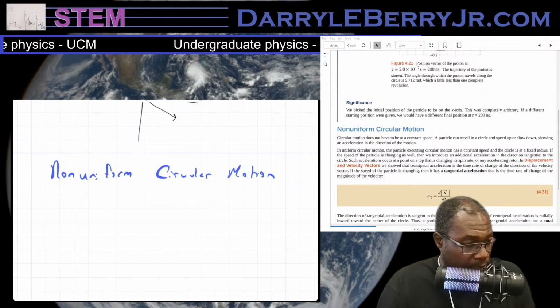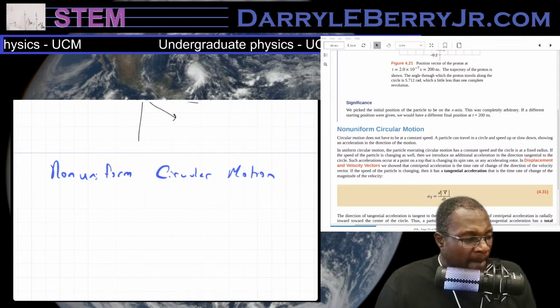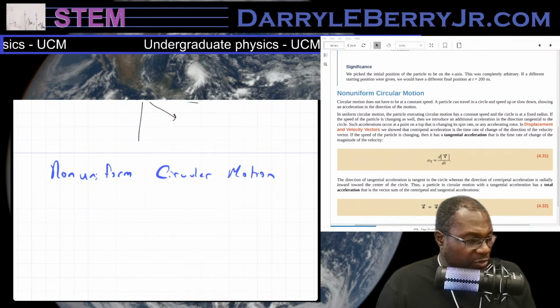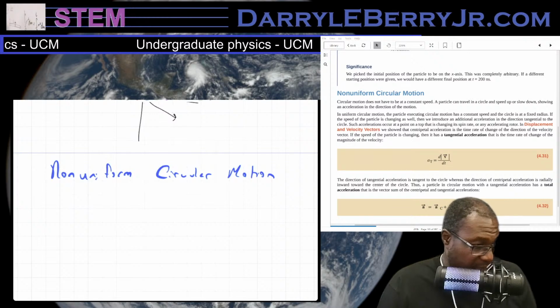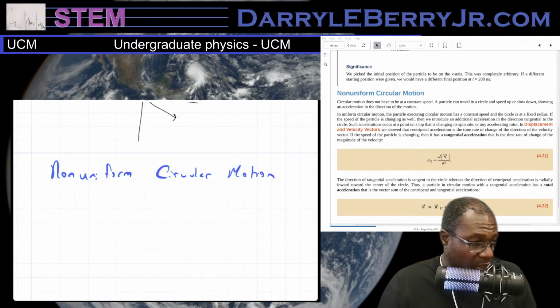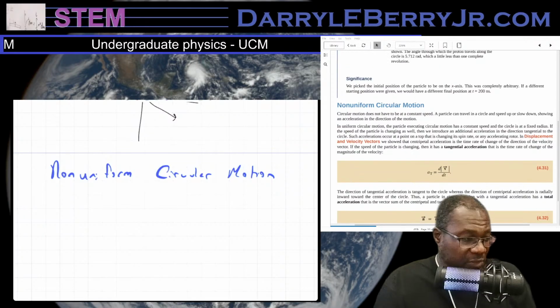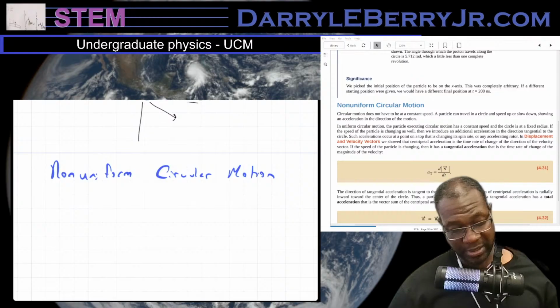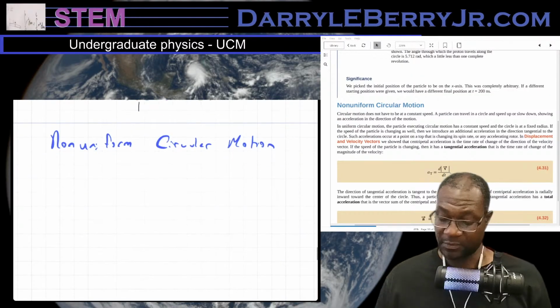Hmm. The direction of tangential acceleration is tangent to the circle, whereas the direction of centripetal acceleration is radially inward towards the center of the circle. Thus, a particle in circular motion with a tangential acceleration has a total acceleration that is the vector sum of the centripetal and tangential accelerations.